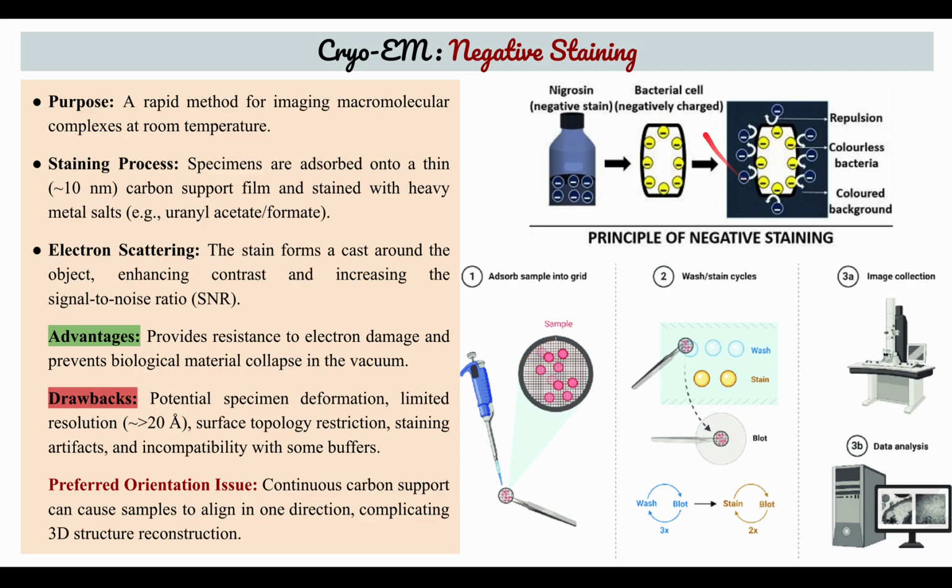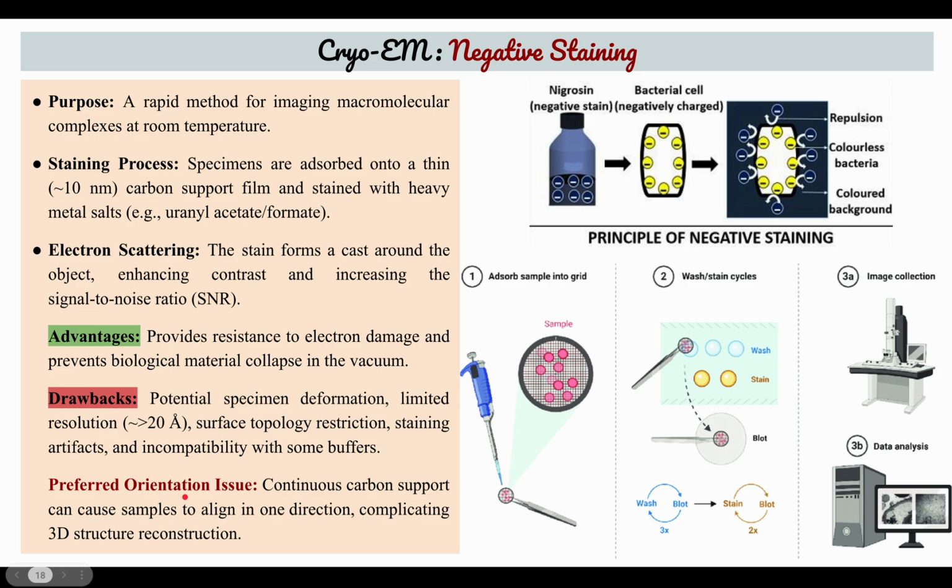For example, if our cell is not negatively charged, then it will behave differently with the negative stain. So it also depends on what biomolecule you are observing, whether we can perform staining for that or not, whether it is unaffected by staining or it gets affected. All those things need to be kept in mind while performing negative staining. So these are some drawbacks of negative staining.